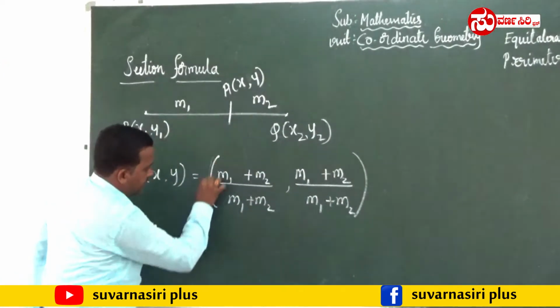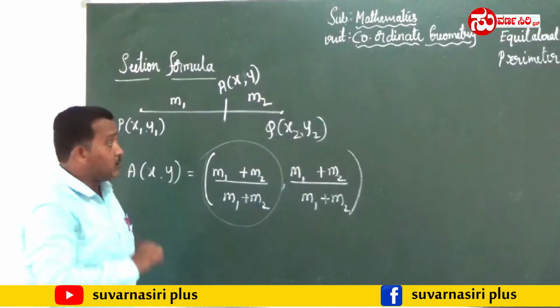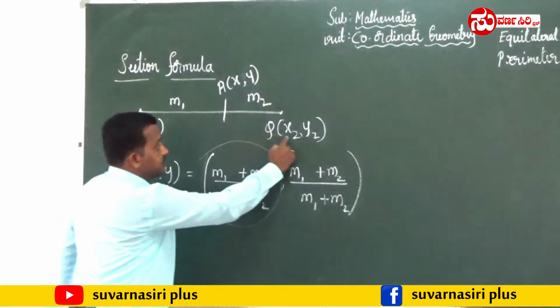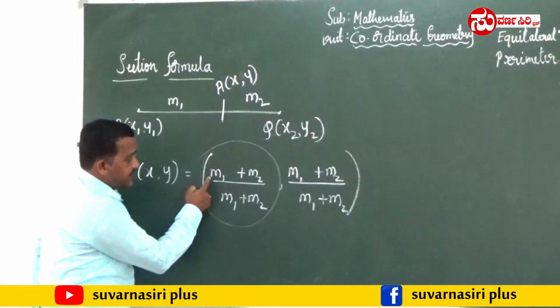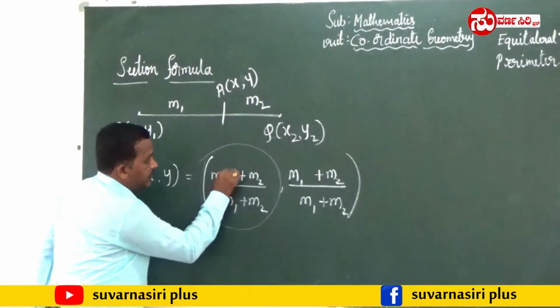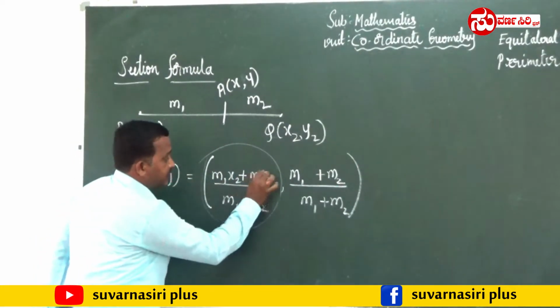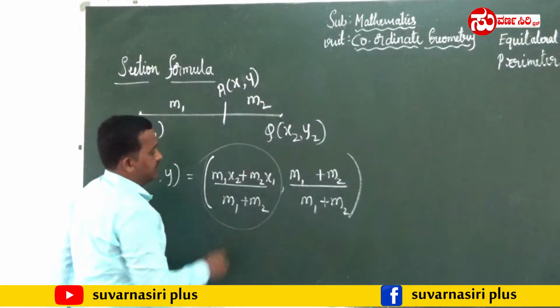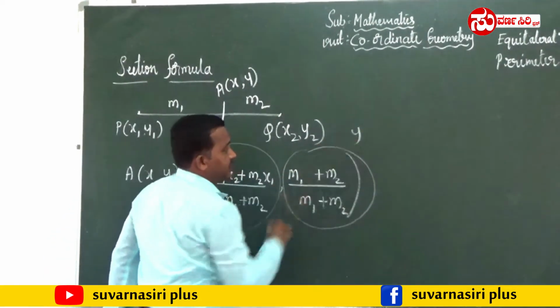So this part is nothing but the x coordinate. For the x coordinate we have 2 values, x1 and x2. As here it is m1, here you have to take x2, the opposite. Then here if it is m2, you should take x1. Then this is the y coordinate.